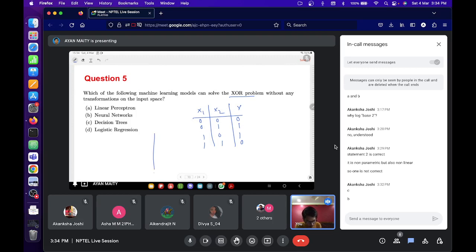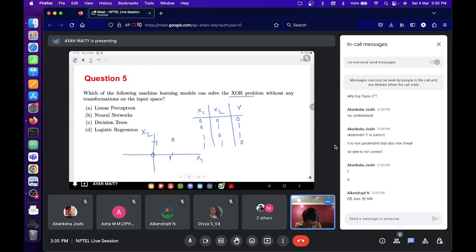If we plot it, with x1 and x2 as the axes, we get a 0 point here, and 1 and 1 here, and a 0 point here. Let's call the 1 points plus values, it makes it easier.